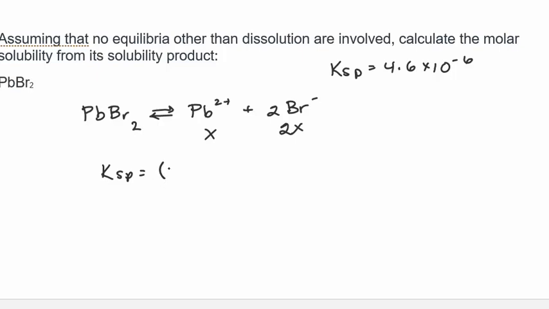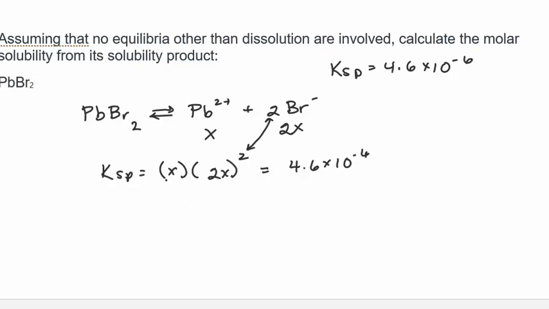Now, I don't have my x. That's what I'm looking for, but I do know that this is equal to 4.6 times 10 to the negative 6. So when I work this through, 2x squared is 4x squared, and I multiply that by x, I get 4x cubed is equal to 4.6 times 10 to the negative 6.